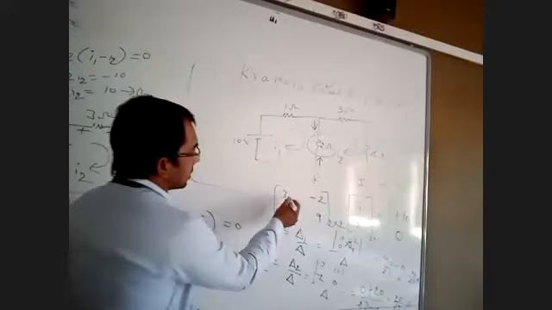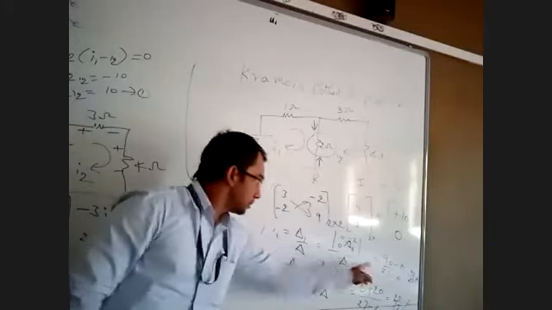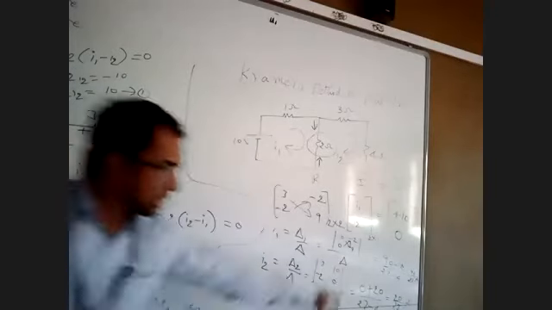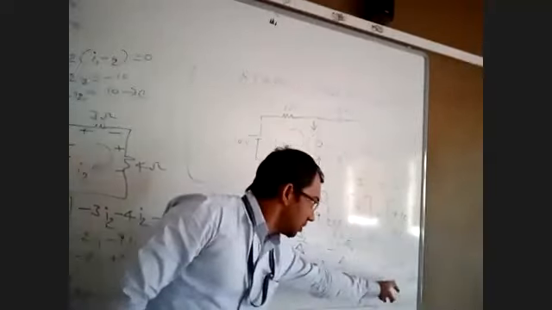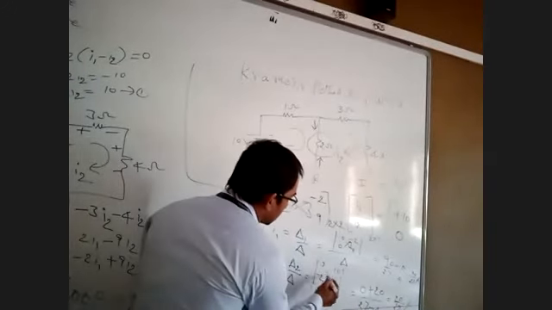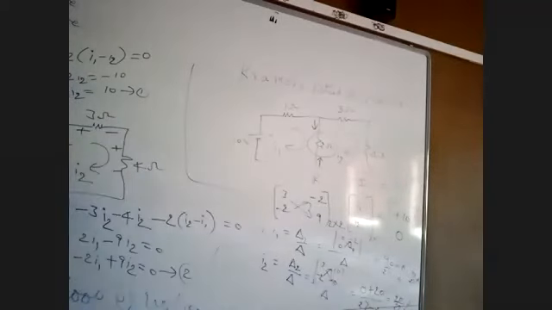What is the determinant of this matrix? 9 into 3, 27, minus 4. So I1 is 90 by 23. For I2, take the determinant of this: 0 plus 20 by 27 minus 4, so 20 by 23. These are the values of I1 and I2. By using the matrix method, we determine the currents like this.